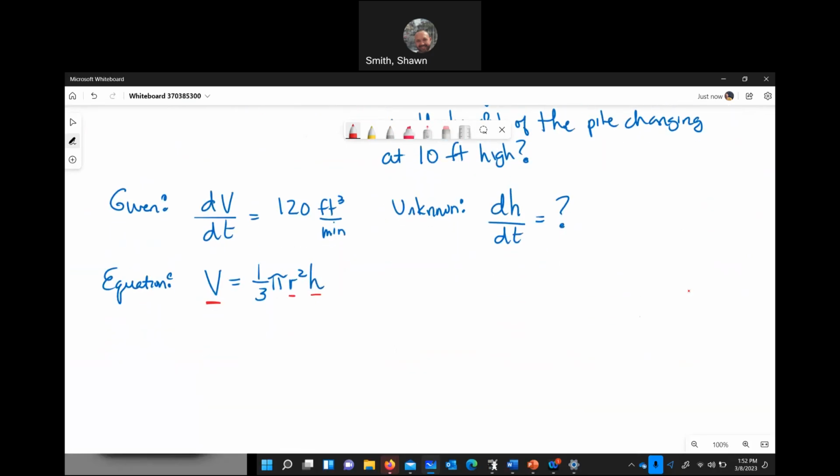So we were given some other information in the problem: that the radius is always 3 times the height, right? So r is always equal to 3h.